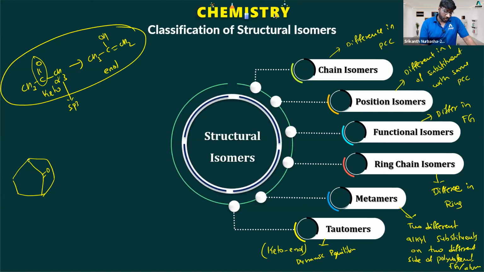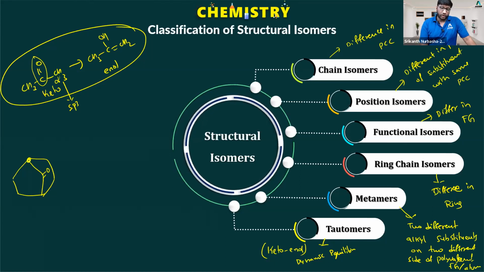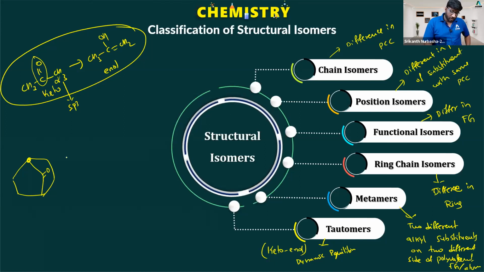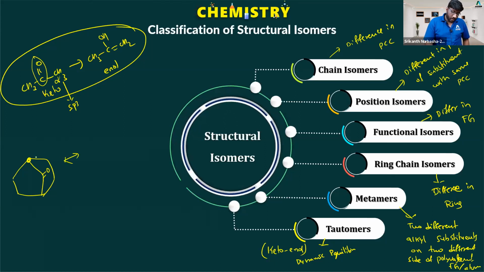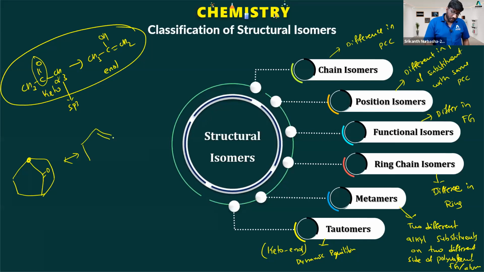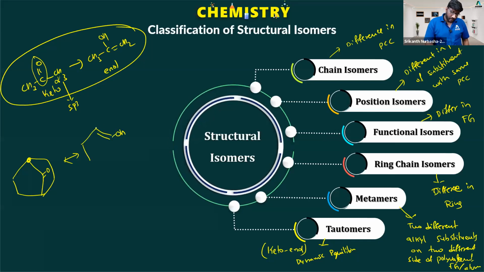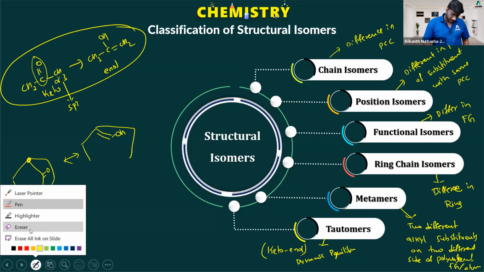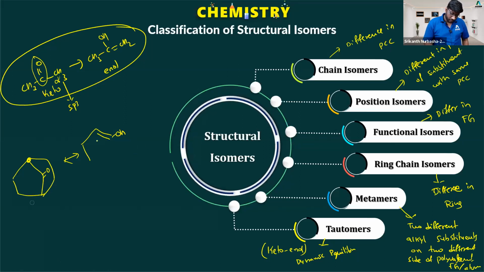Very good. The carbon at the bridgehead center cannot be sp2, following Bredt's rule. Although it has hydrogens there, if you try to write the tautomer in this fashion, that is not possible.